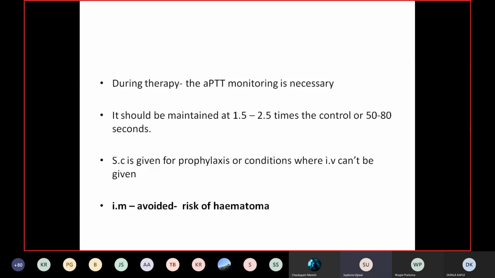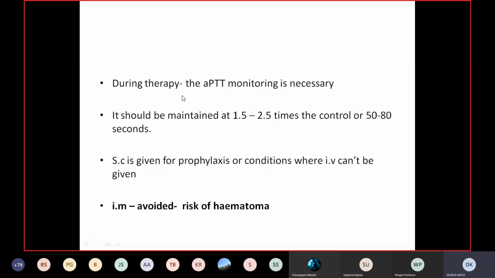It is used to monitor the intrinsic factor defect. Which deficiency, which defect, either in the intrinsic factor or the extrinsic factor? Intrinsic and common factor.